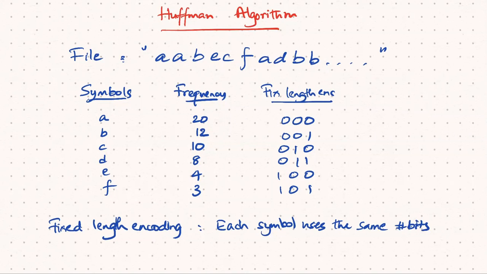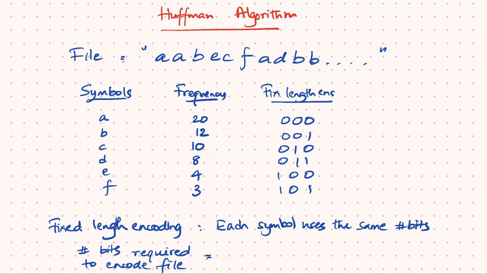If we do something like this, what is the size of our file, or the number of bits required to encode the file? It is simply A occurring 20 times, and each time it requires 3 bits.